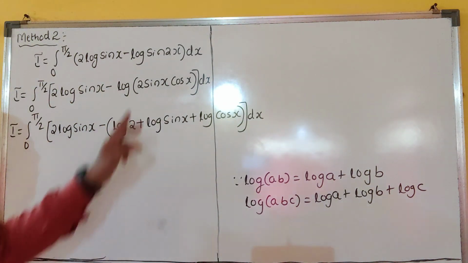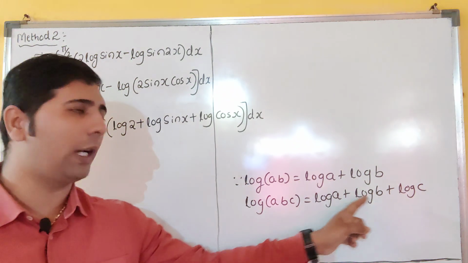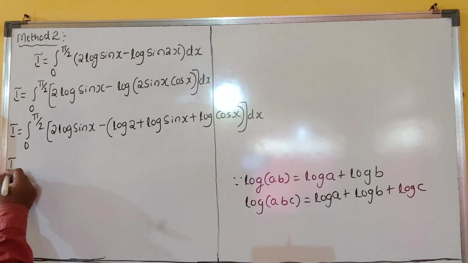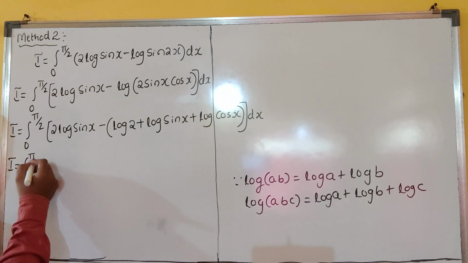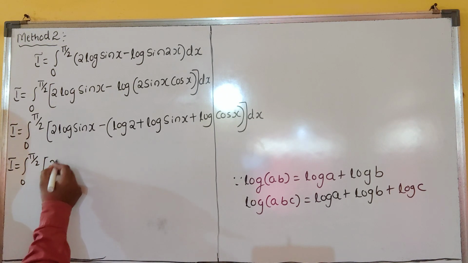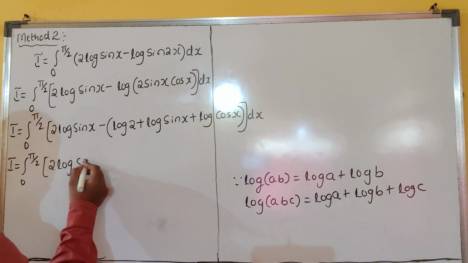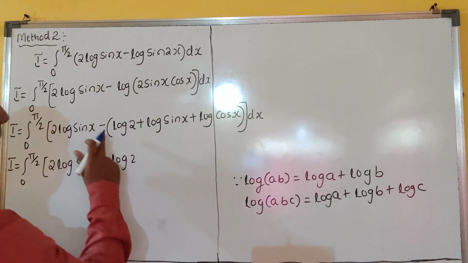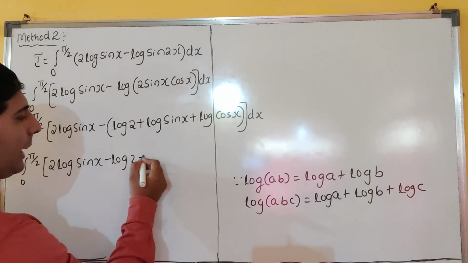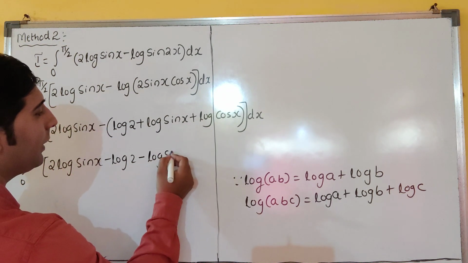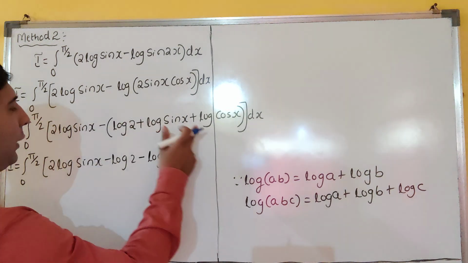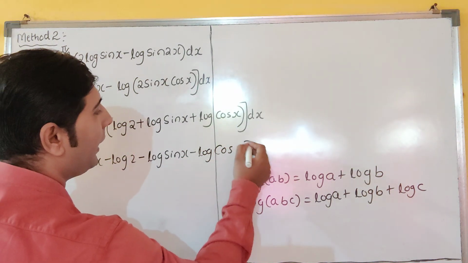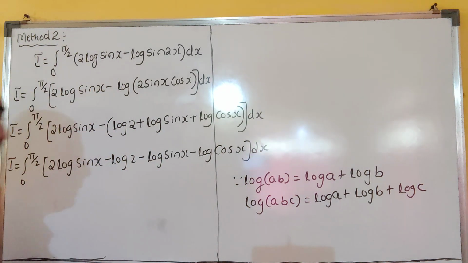Everyone clear? Log a into b into c is log a plus log b plus log c. Now I is equal to integral 0 to pi by 2 of minus log 2, minus log sin x, minus log cos x dx, dear students. I hope it is clear.